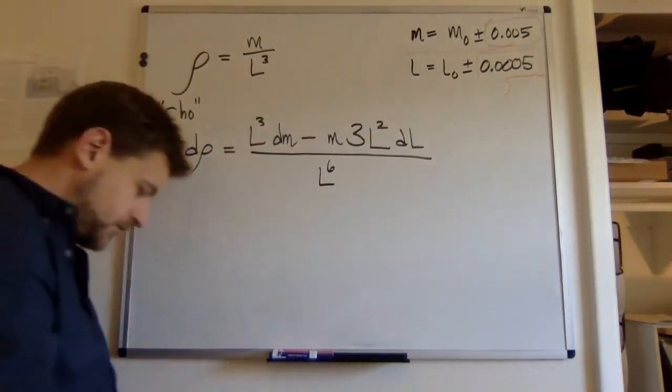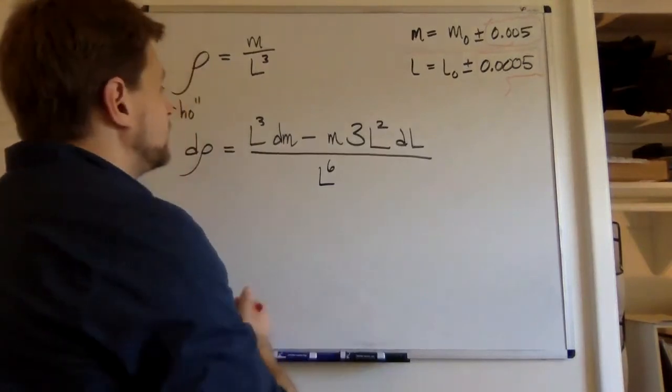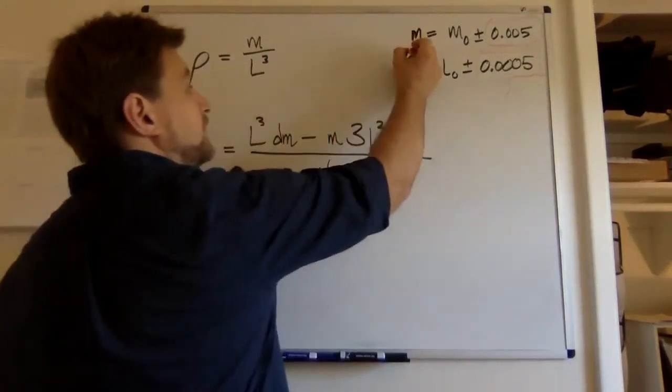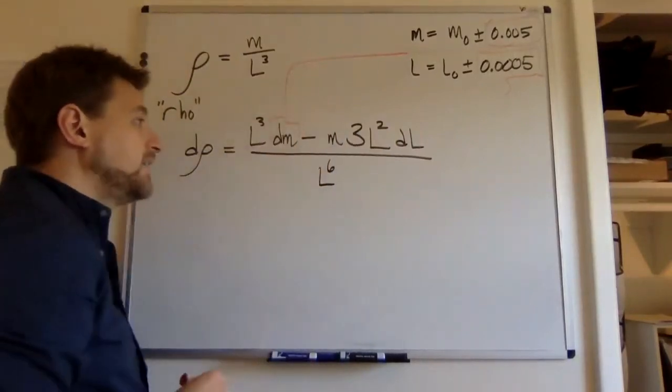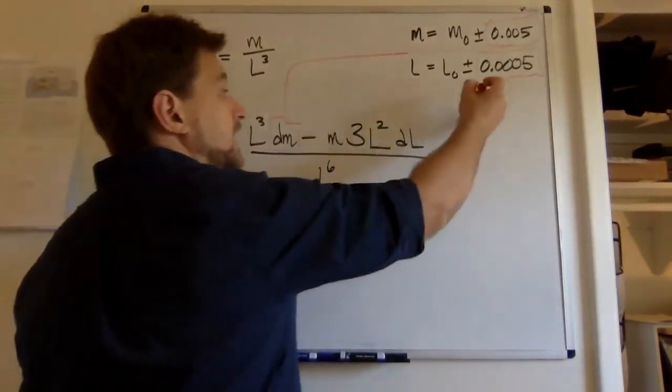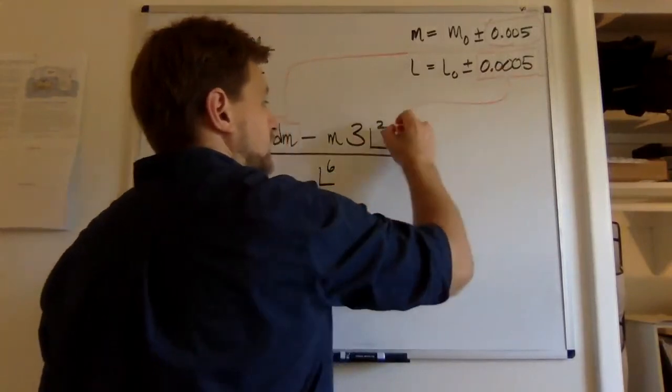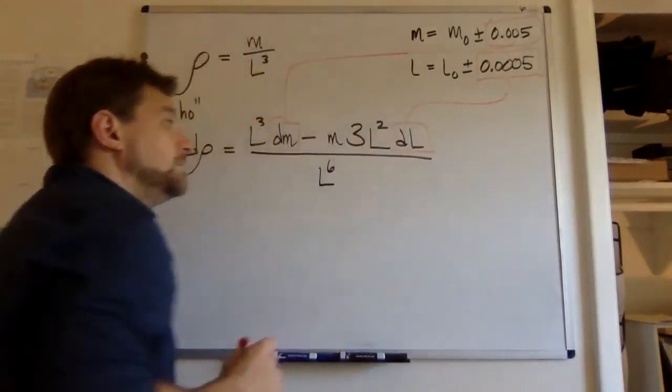Okay, now we're talking. So now again, let's represent the variation error in mass as dm and the variation error in length as dL.